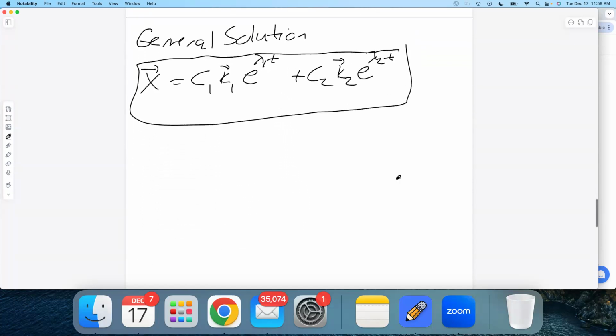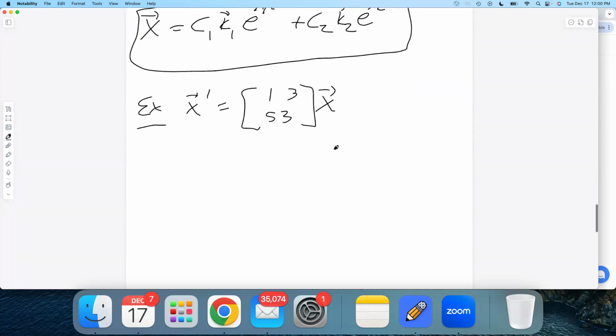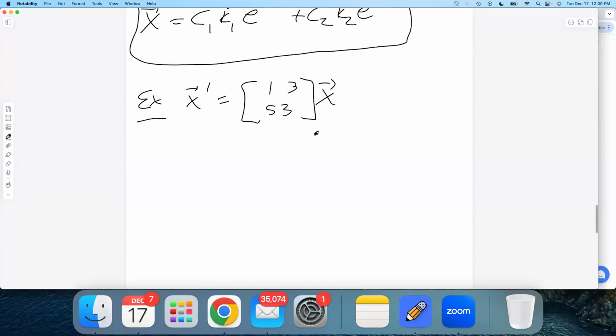Okay, so let's go back to that example we had, and we'll work it all the way through. Okay, so we had this example. We've already written it in matrix form. Now I want to find my eigenvalues. So step one, I guess, was write it in matrix form.